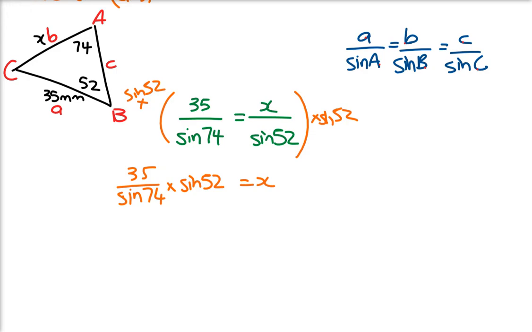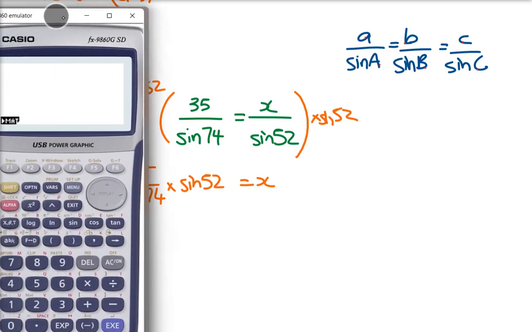Hold on, I'll just do this so you don't have to see all of what is frustrating. Just changing my calculator into the proper thing. And hopefully I can just drag it over here.